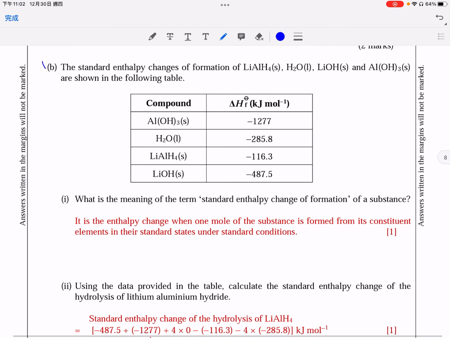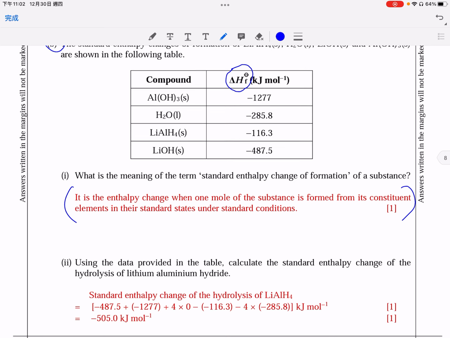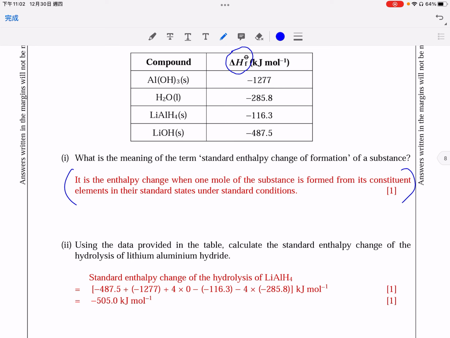Part B. You are given the standard enthalpy change of formation. This is the meaning, and I'm not going to discuss in details, just to highlight that some of you did not show this part, so that is not good.